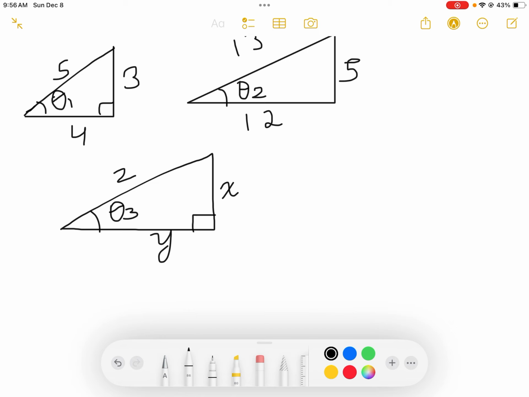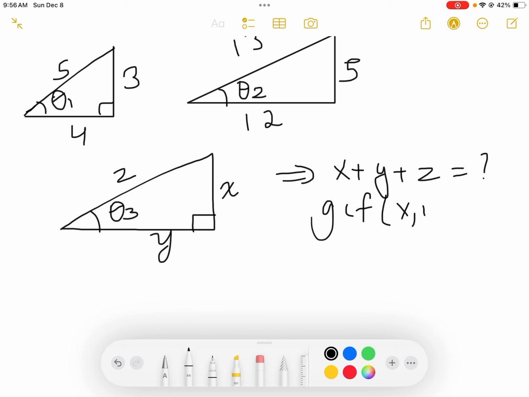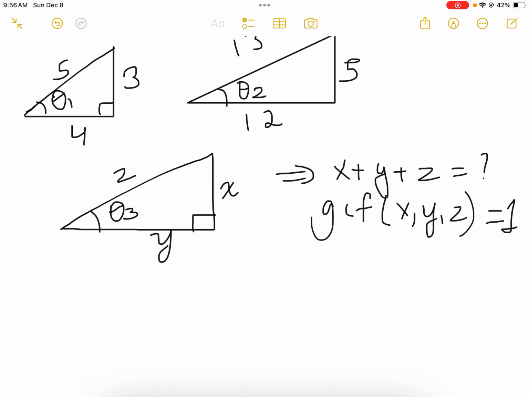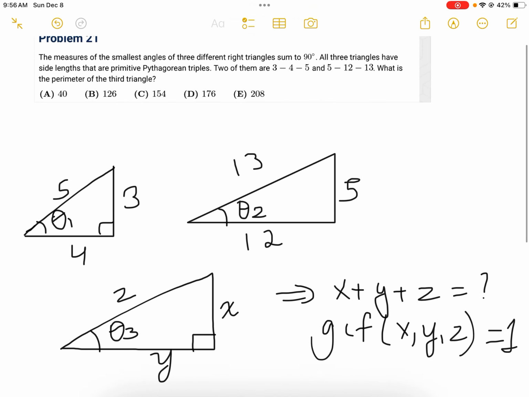And what we want to find is x plus y plus z, given that we know that the greatest common factor of x, y, and z is equal to 1, because that's what primitive Pythagorean triples means. It means that the GCF of all three sides is 1, or that this triangle side length isn't a multiple of a Pythagorean right triangle.